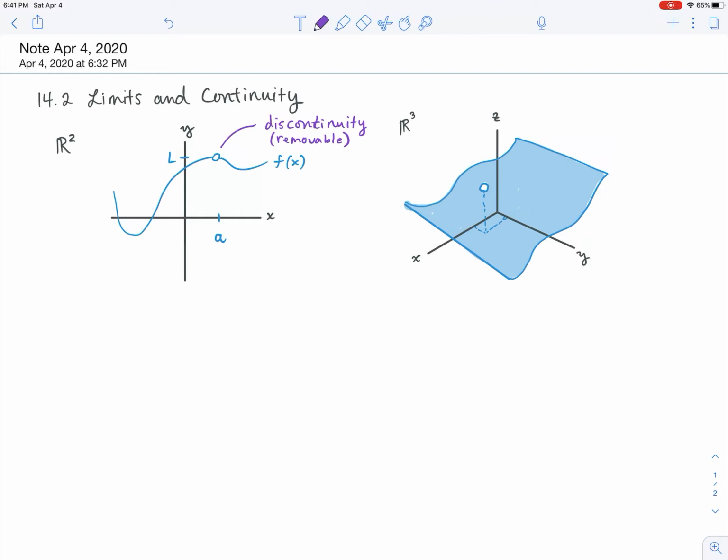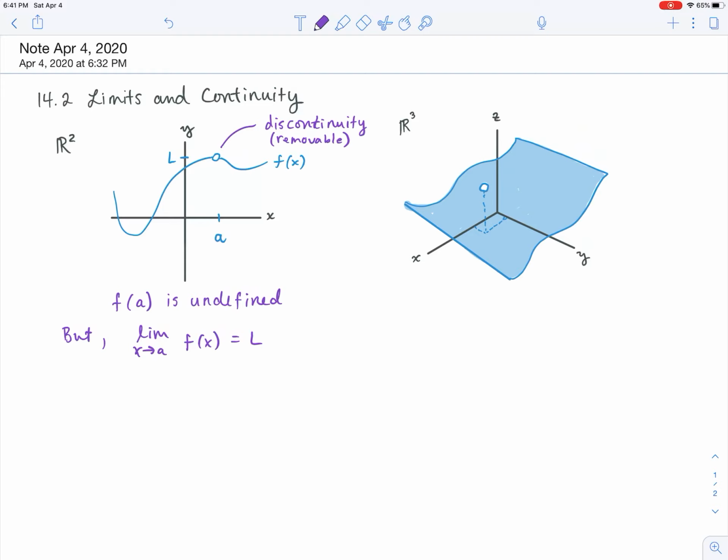So even though our function evaluated at A is undefined, the limit as x approaches A of f of x is, in this case, L, the y value.